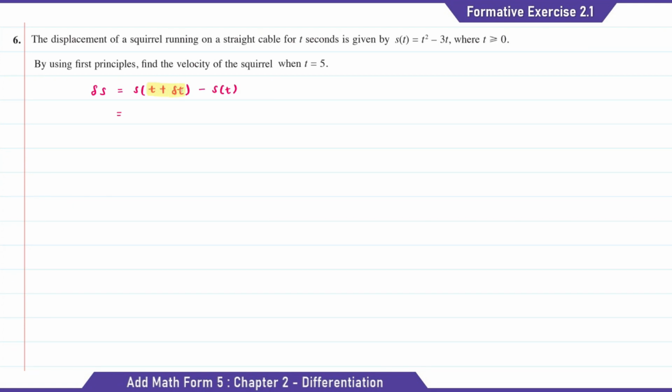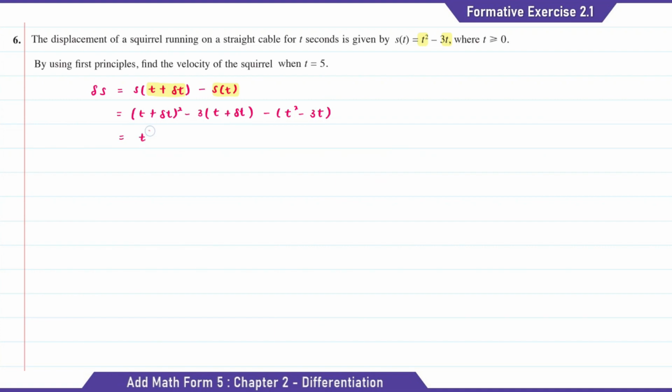So first we want to substitute t plus delta t into the t here. So this will be (t plus delta t) squared minus 3 times (t plus delta t). Then minus s of t, which is (t squared minus 3t).